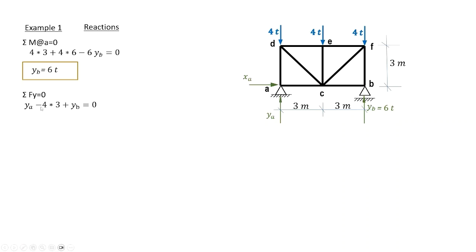These are minus 4 by 3 appearing in the equation. This gives YA 6 tons and is plotted on our diagram. Taking sigma forces in the x direction equals 0, this gives XA equals 0 and is plotted on our diagram.